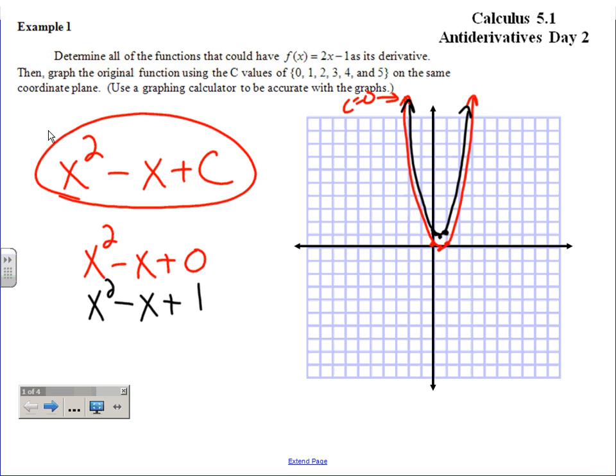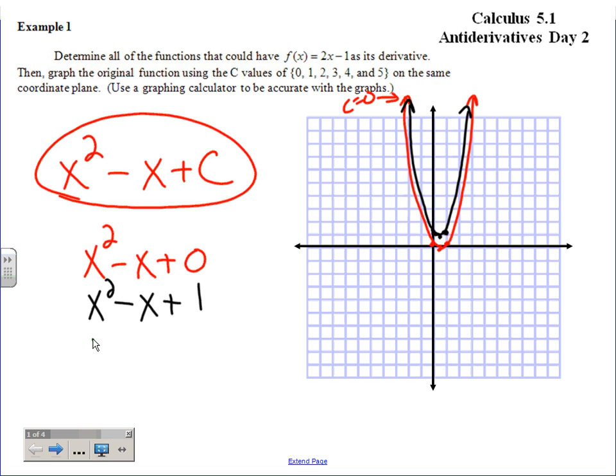That's in black. Yes. It'll actually stay inside the red one. Good question. Because they are symmetric. So green will do x squared minus x plus 2.